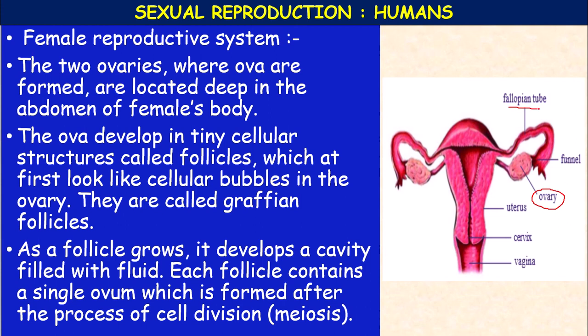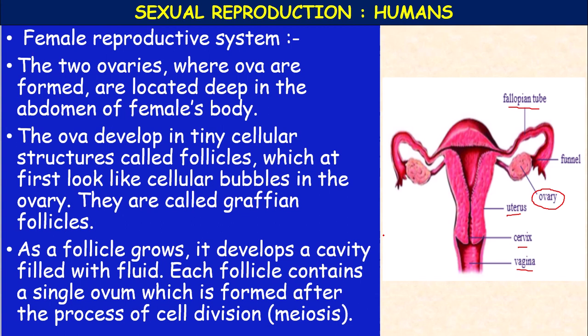These are the fallopian tubes or oviducts. Follicle enclosing an ovum, oogonium is diploid, divides by meiosis into a secondary oocyte and a polar body.